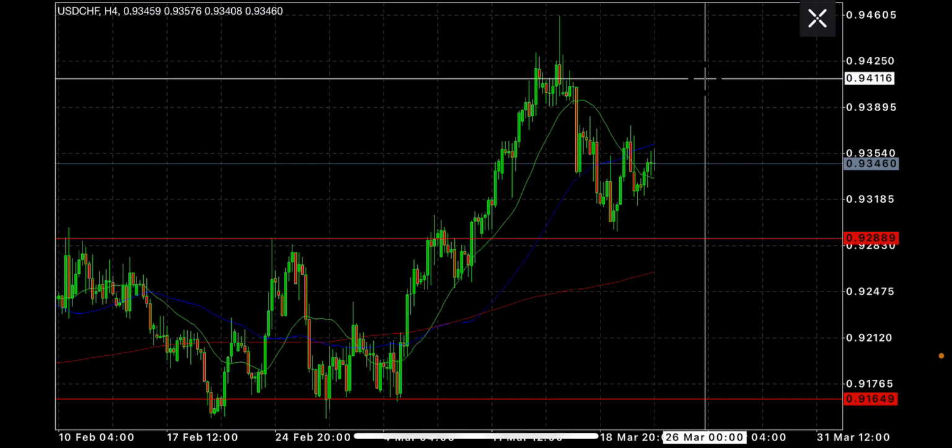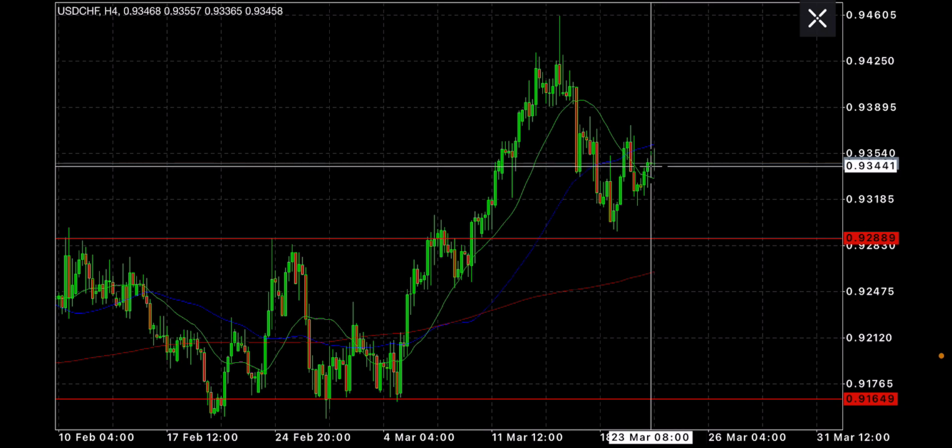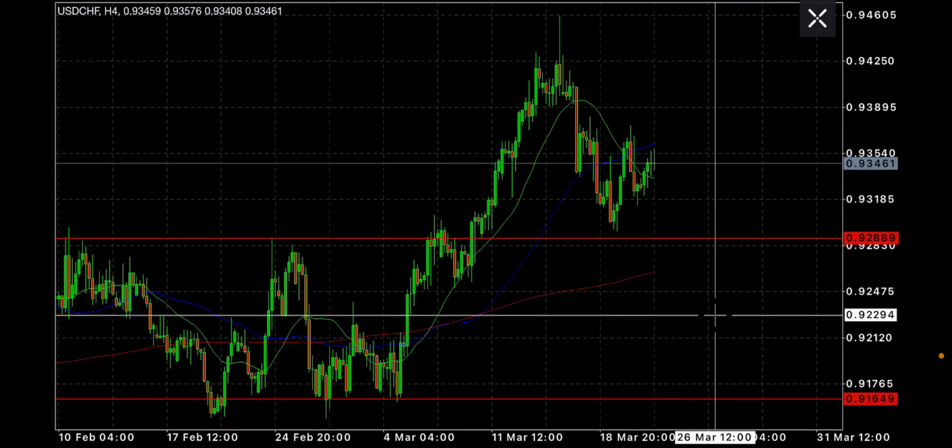Now, the only thing that can change this is a drastic shift in our fundamentals in which the USD becomes much weaker than the CHF. Then we will definitely have the chart heading towards the downside.